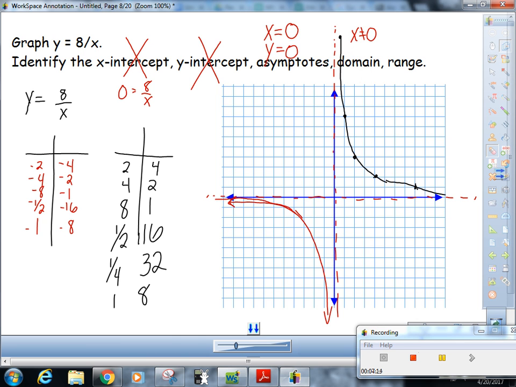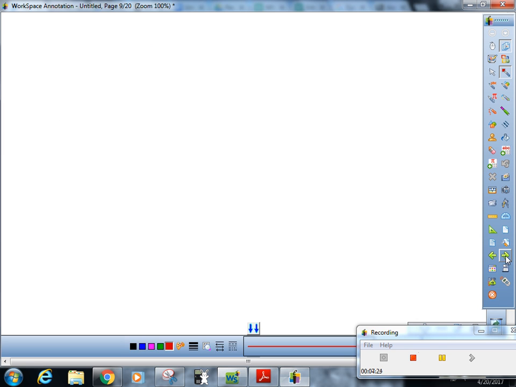X cannot equal 0. Otherwise, it's all reals. And our y's, same thing. Y cannot equal 0. And otherwise, it's all reals, okay?